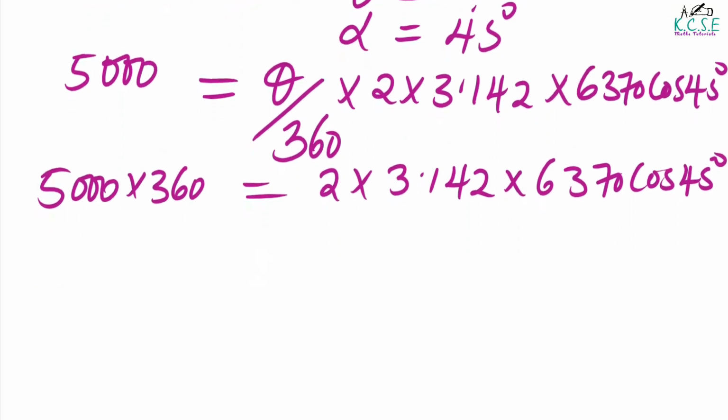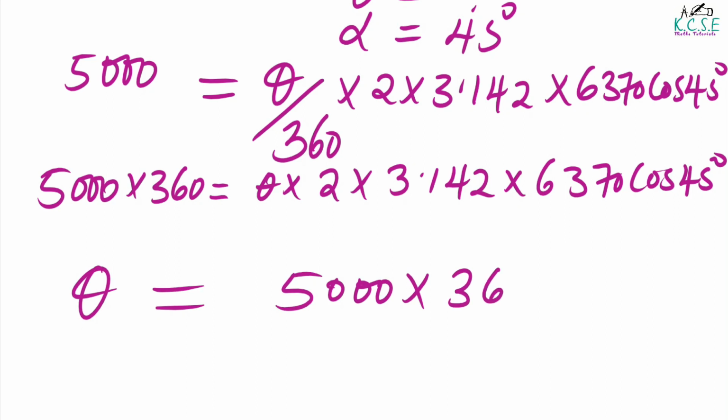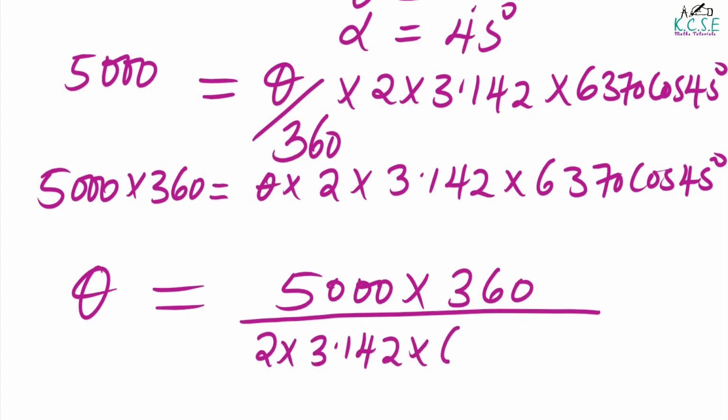And there is theta here, so we have theta multiplied by that. Since we are looking for theta, theta will be given by 5,000 multiplied by 360, everything divided by 2 times 3.142 times 6370 cosine of 45 degrees.